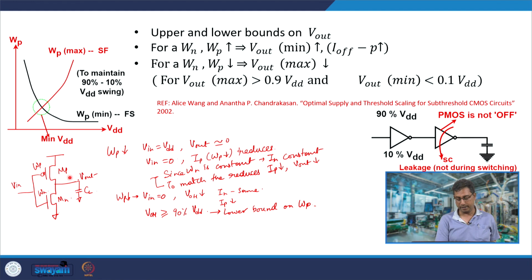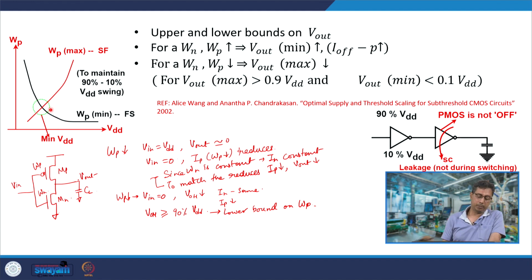So, V out will fall, because the current through the N MOSFET is the same leakage current, whereas the current through the P MOSFET is reducing. To bring it back to be larger than 90% VDD, you need to increase WP. So, WP is increasing here as you reduce VDD.